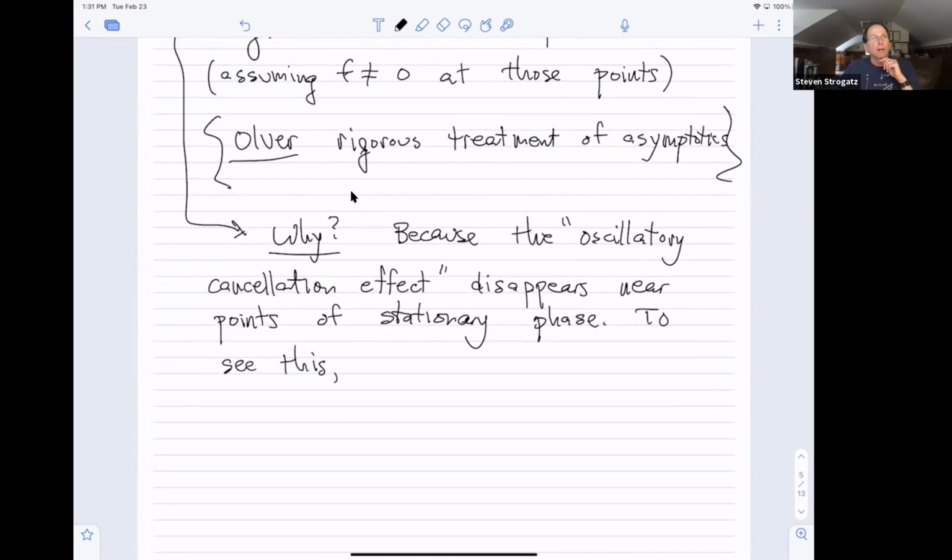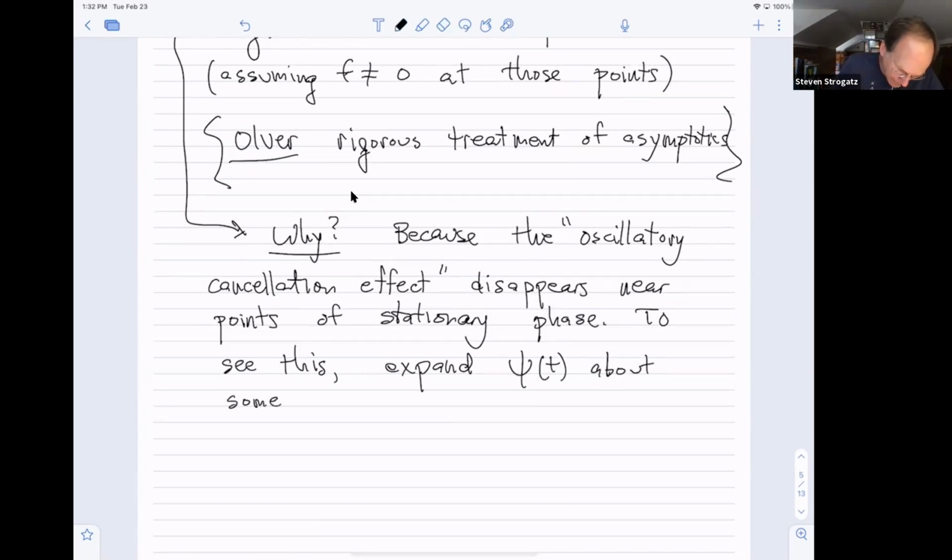All right, so to see this, let's expand the phase function about a point of stationary phase. Rather, let's expand it around some arbitrary point t0, not necessarily a point of stationary phase, but then we'll see what's special about that.